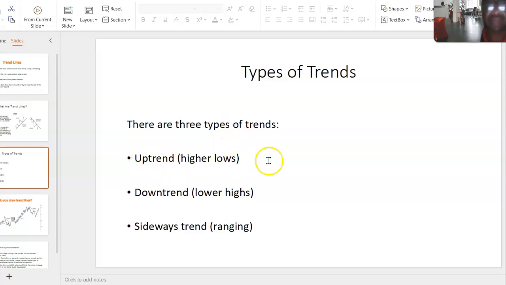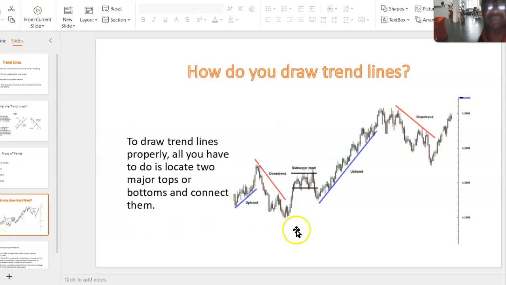We have an uptrend when price is going up. We have a downtrend when price is going down. We have a sideways trend, that is when the market is trading in a range. This is a typical example of that. This is an uptrend when price is going up, a downtrend when price is going down. Then this is a trading range. So this is how you draw it.